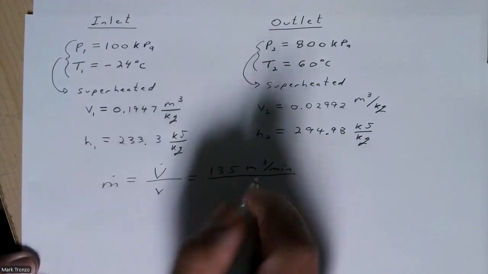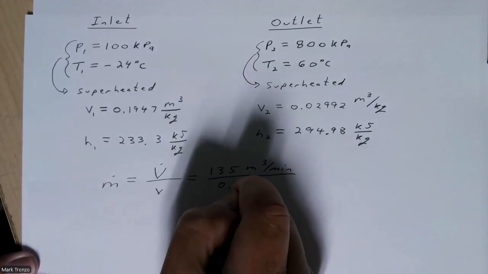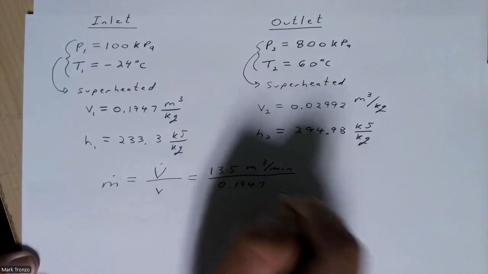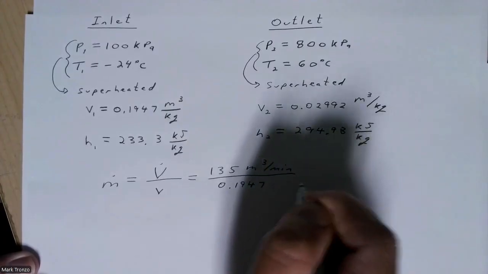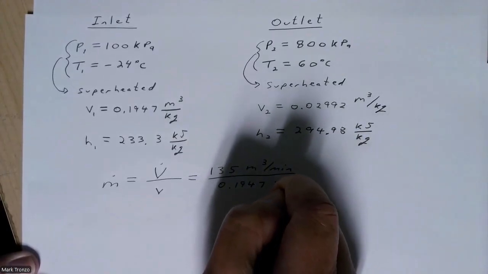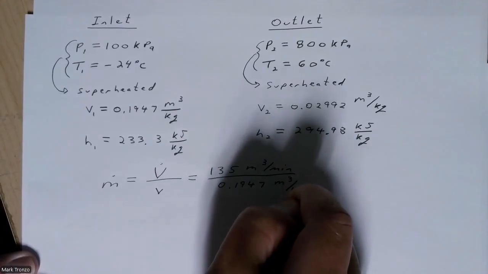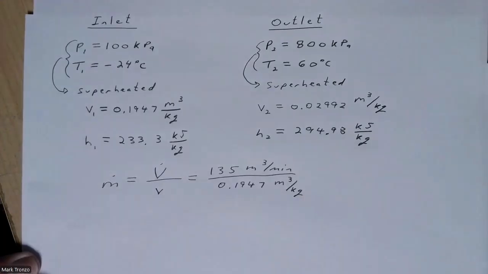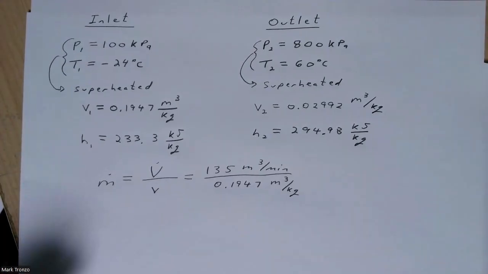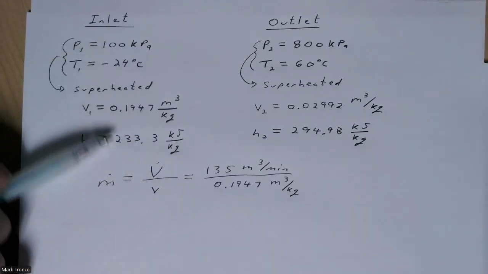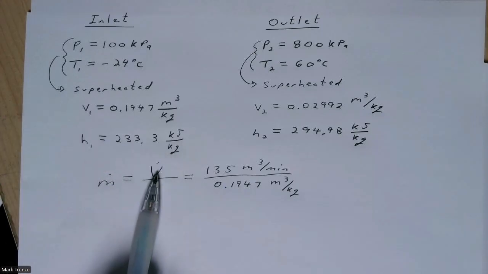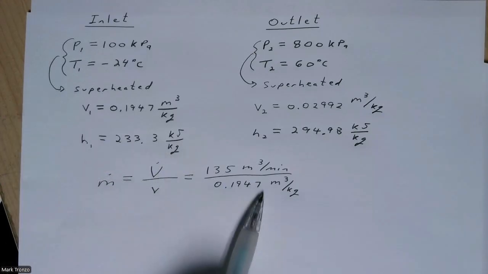And then we have 1.947 meters cubed per kilogram. Now, of course, be sure that you're using the inlet conditions because this was the inlet volumetric flow.